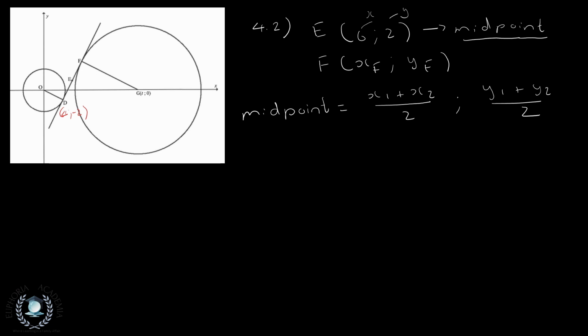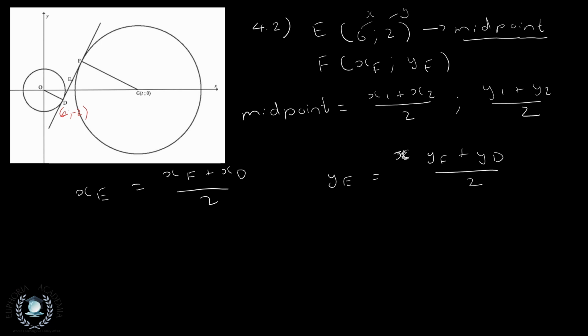So essentially, xE will be equal to xF plus xD divided by 2, and then yE, the y coordinate of point E, will be equal to yF plus yD divided by 2.